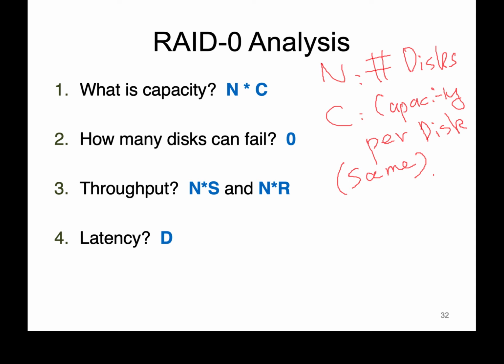S means the sequential throughput, while R means the random throughput.